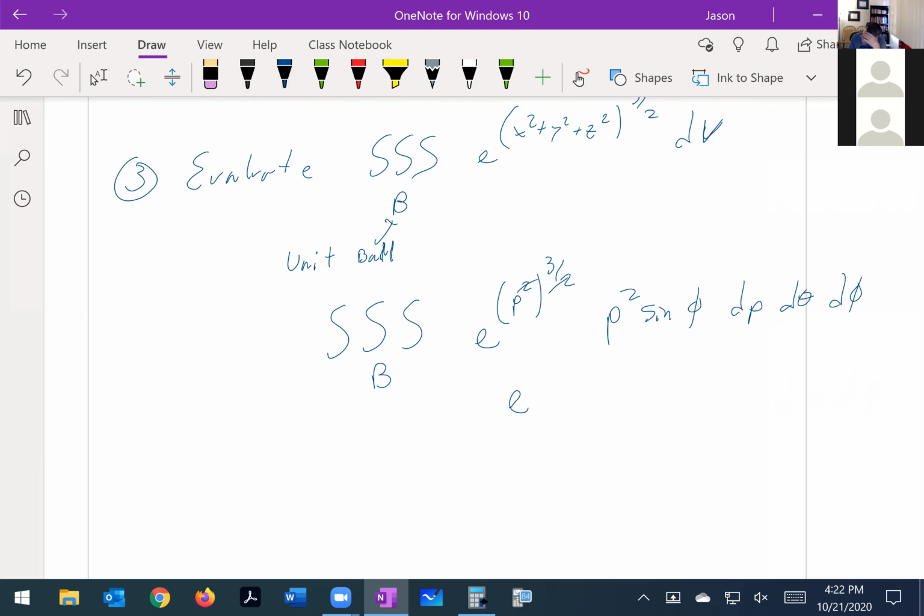So this is going to be e to the rho cubed times rho squared sine phi d rho d theta d phi. I keep saying the wrong letters. It's the rho's and the phi's and it's messing with my mind today.